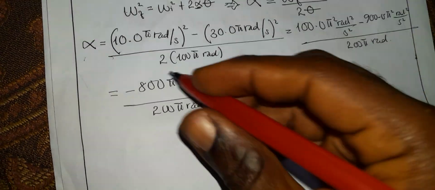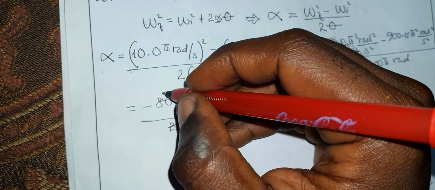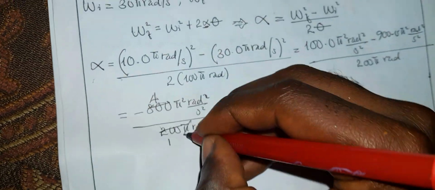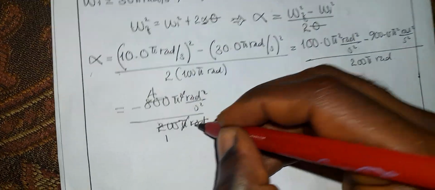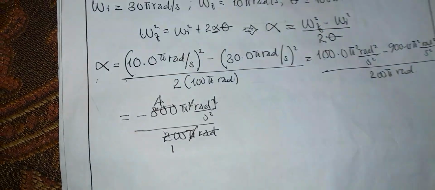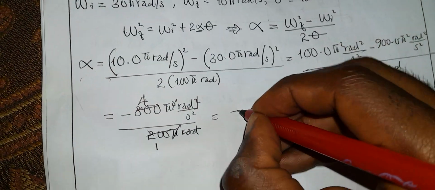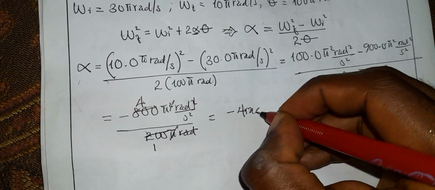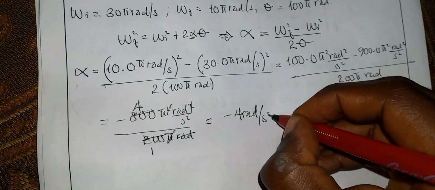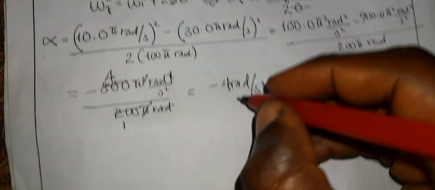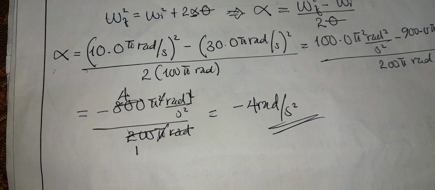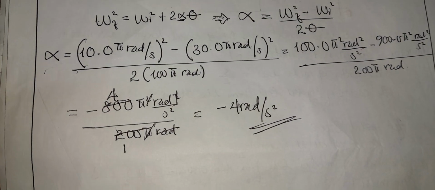So 200 into 800 is 4. This pi will cancel one of these pi, this rad will cancel one of these rad. So we'll be left with minus 4 rad per second squared. So this is the angular acceleration.